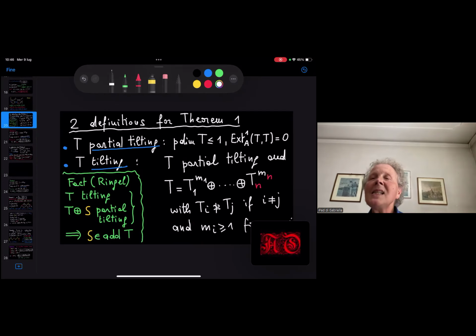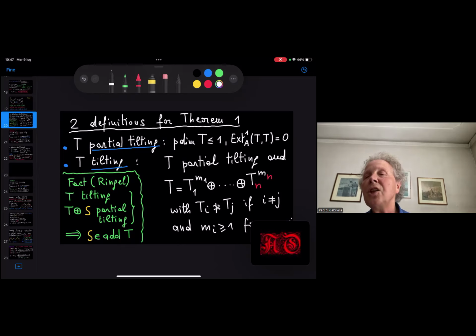Now, the precise definitions to state Theorem 1. We say that a module T is partial tilting if its projective dimension is at most 1, and if Ext^1(T,T) is equal to 0. With this definition, we say that a module T is tilting if it is partial tilting, and if, up to multiplicity, T is the direct sum of n pairwise non-isomorphic indecomposable modules.